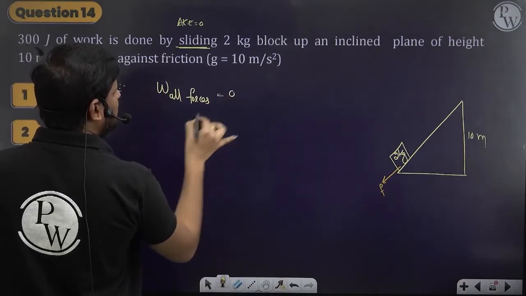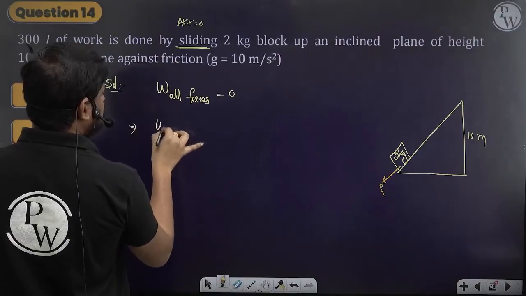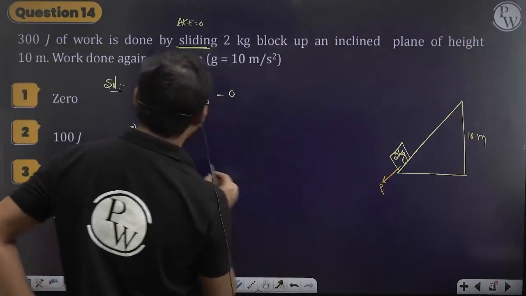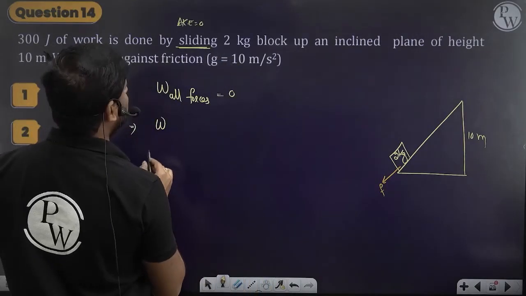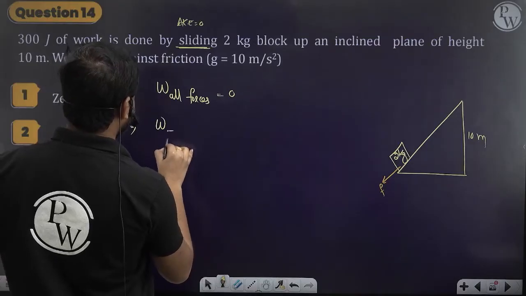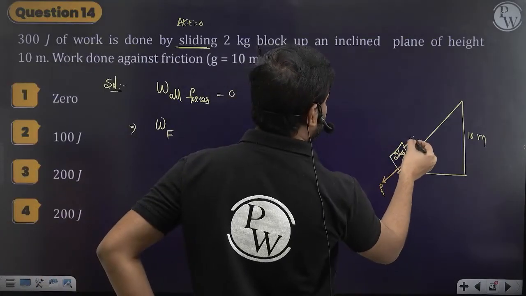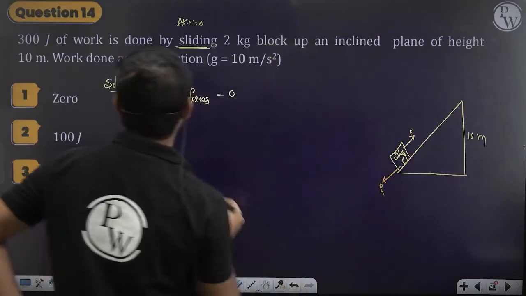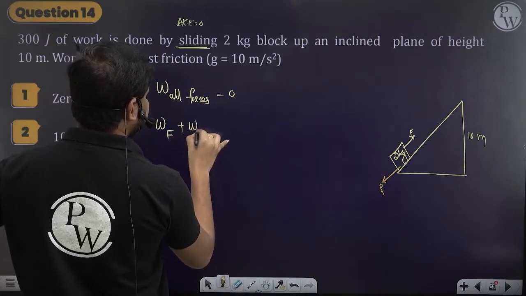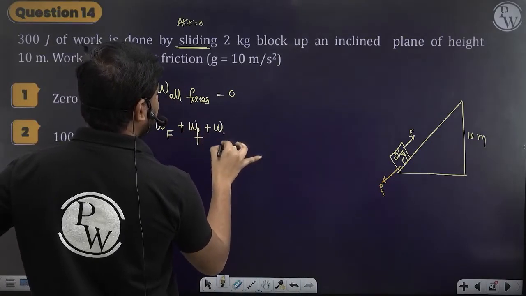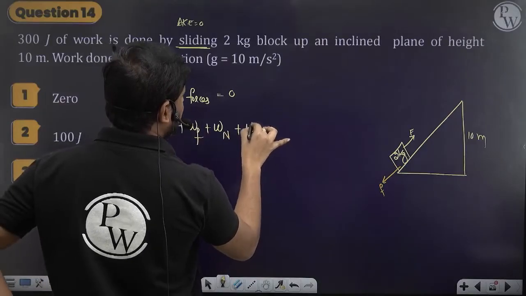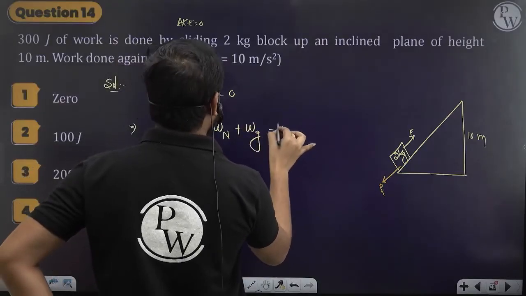What are all the forces? The work done by the applied force, then the work done by friction plus the work done by normal plus the work done by gravity, all equal to 0.